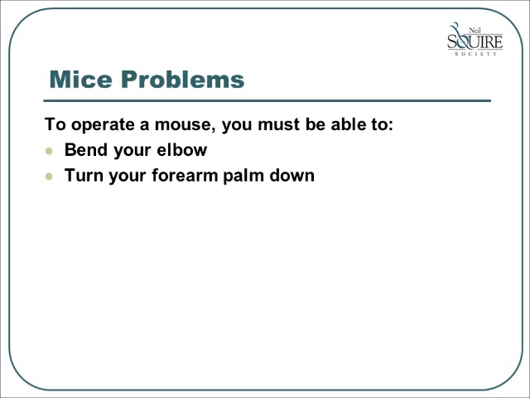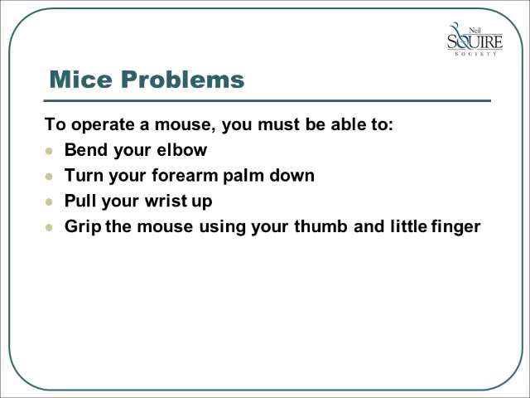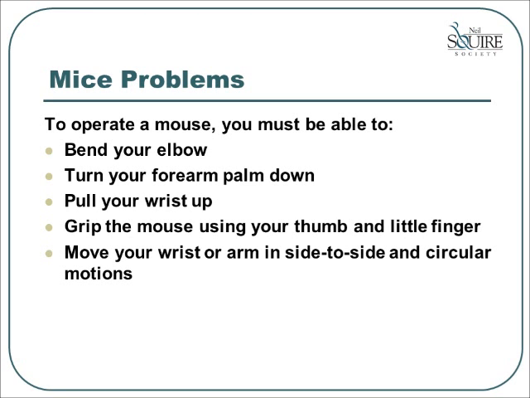Then you must be able to turn your forearm so that your palm is facing down. Next, you must be able to pull your wrist up. You also have to be able to grip the mouse using your thumb and middle finger and move your wrist or arm in side to side and circular motions.